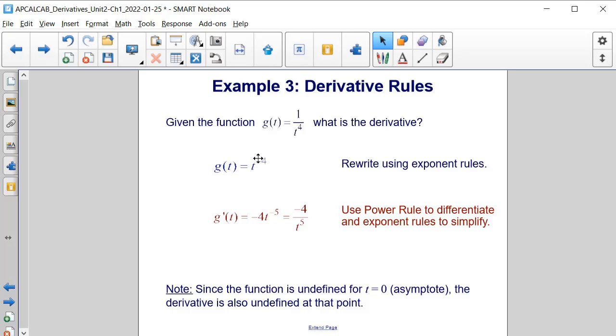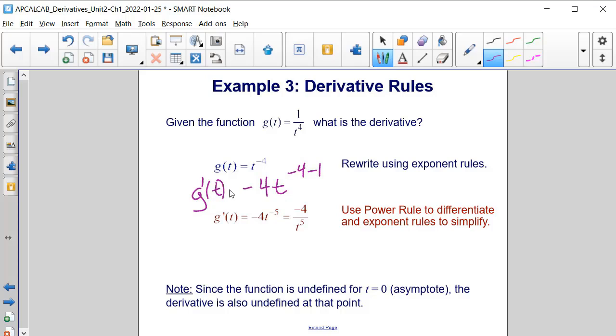Take the negative fourth power, rewrite it in front, so we have negative 4 t to the negative 4 minus 1 for g prime of t. And then if we simplify that, it becomes negative 4 times t to the negative 5th, which can be rewritten as negative 4 divided by t to the 5th.